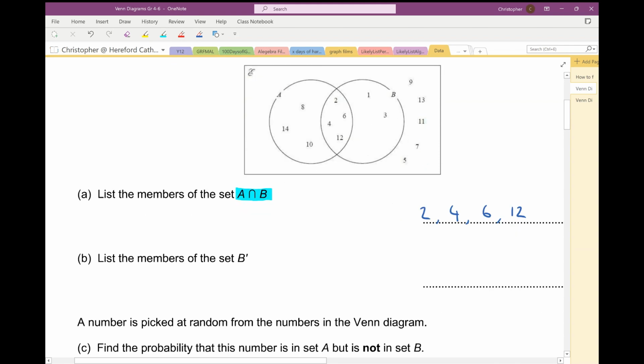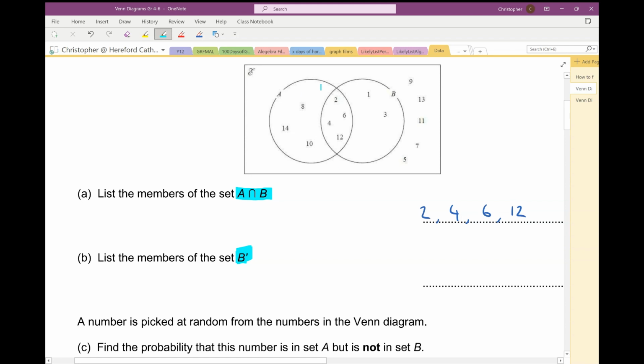Part B, list the members of the set not B. So these are going to be all of those that are not in B. So these ones are not in B, and anything out here is not in B as well.